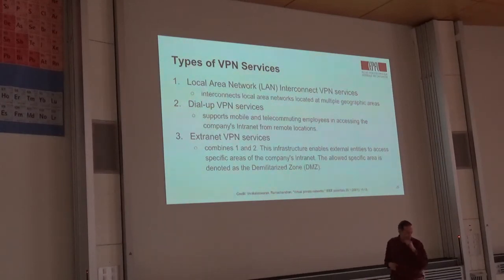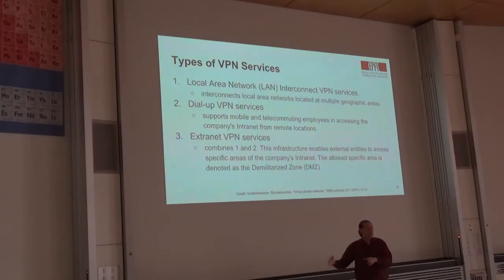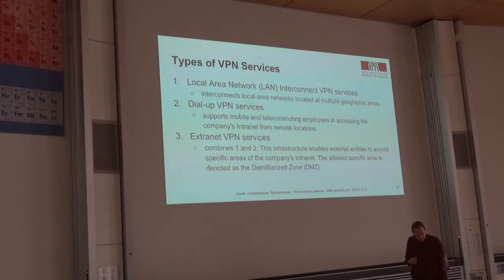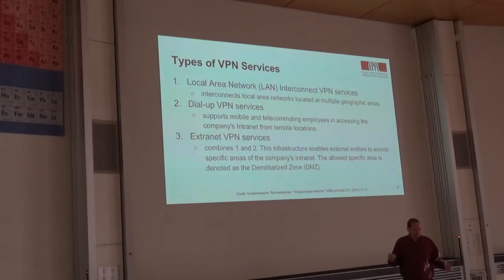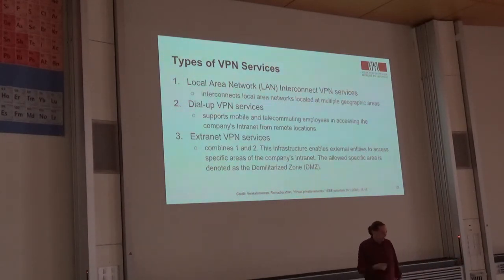The first type is very common for stitching together multiple offices. When a company has fixed headquarters and fixed offices at multiple locations that all need to talk to headquarters or to each other, you typically create a firewall VPN at each side, and then that encrypts all the traffic between the different physically separate networks and stitches them together.